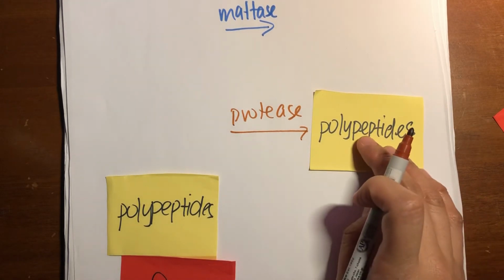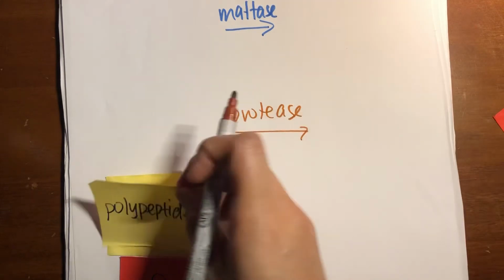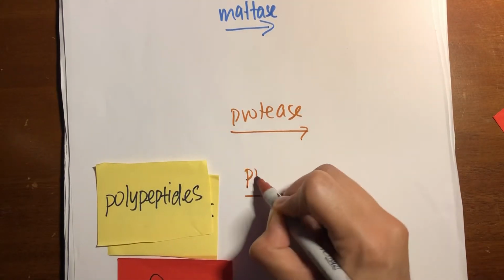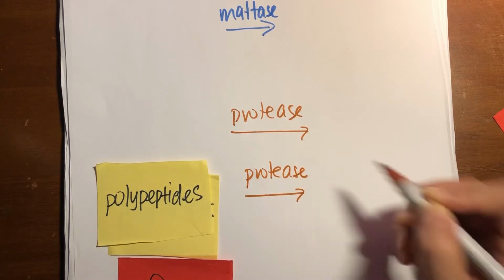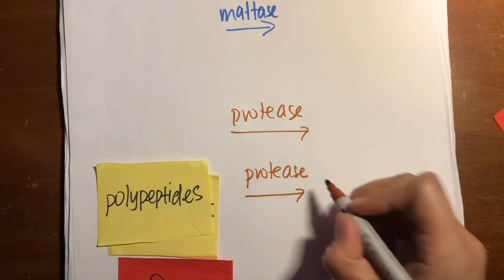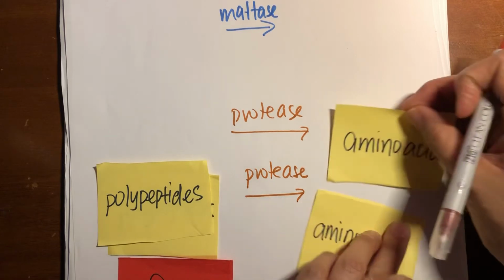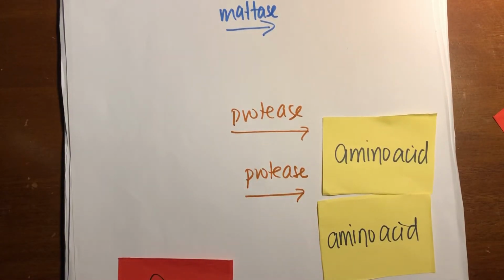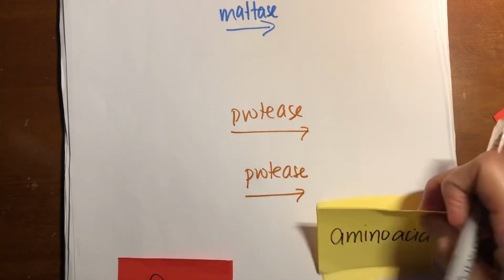Okay, and these polypeptides, together with the polypeptides from your stomach, will be digested by the pancreatic and intestinal protease into amino acids. There are many, okay? So that is for the proteins.